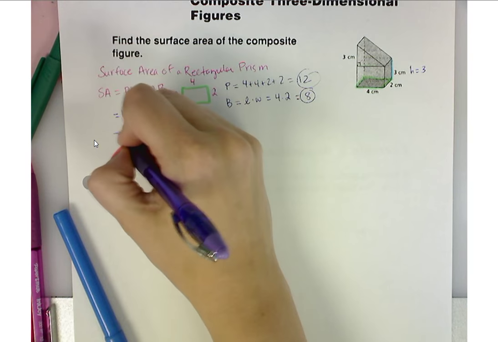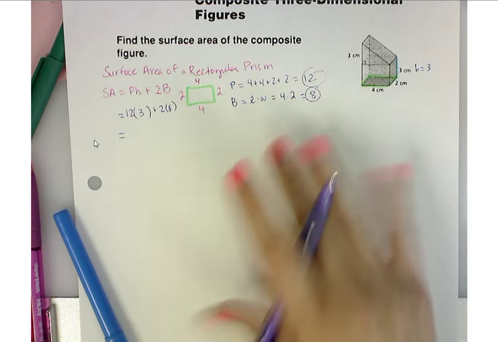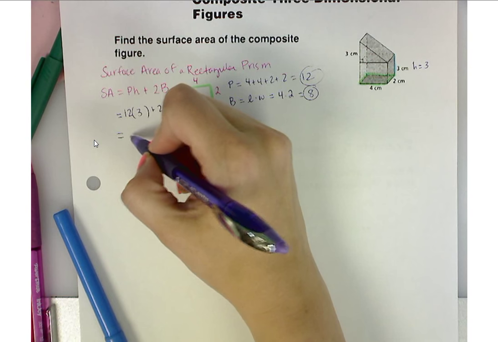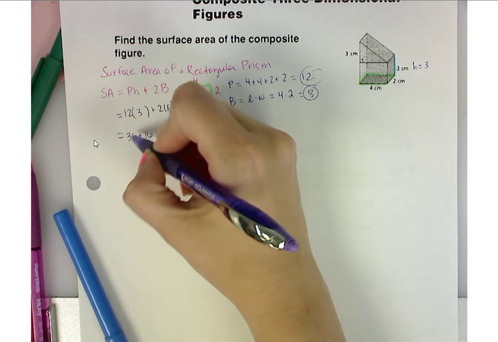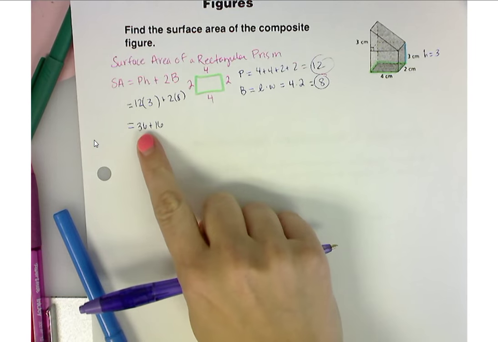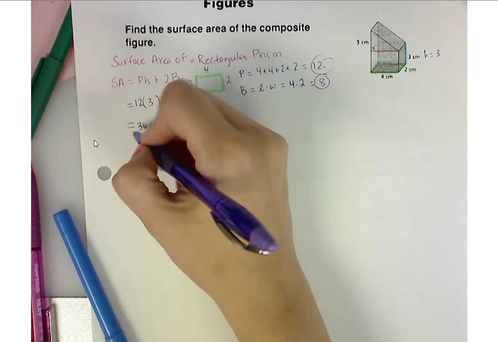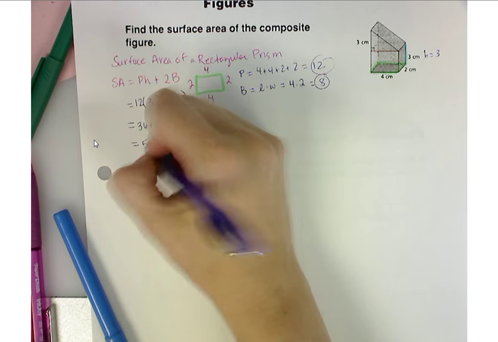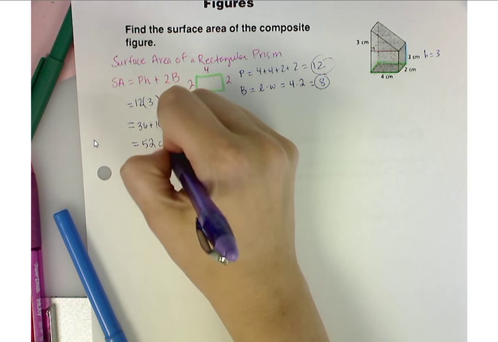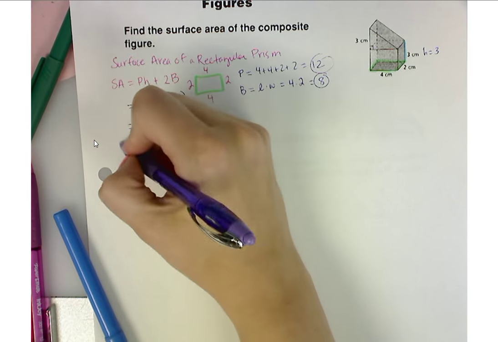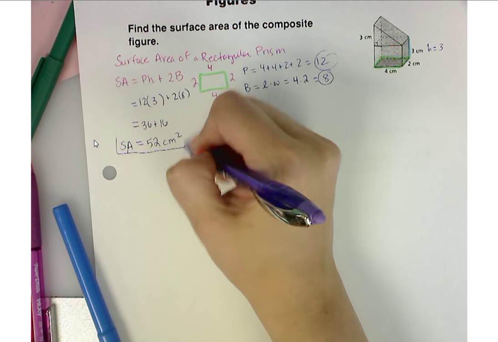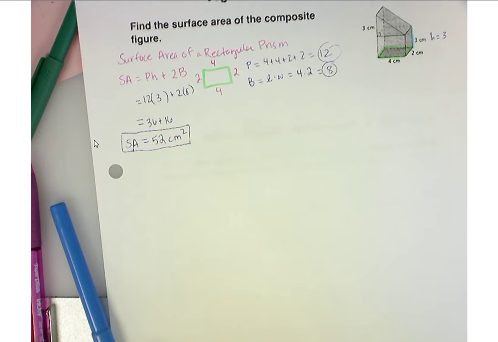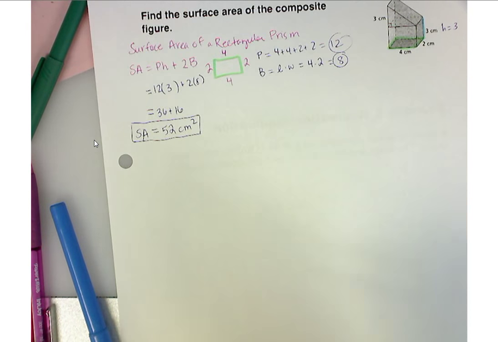So 12 times 3 is going to be what? 36 plus 16. So when you're adding these together, 36 plus 10 is 46. 46 plus 6 is 52. So you don't even need your calculators. That's the surface area for the rectangular prism.